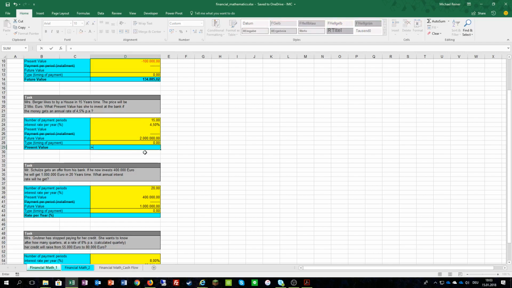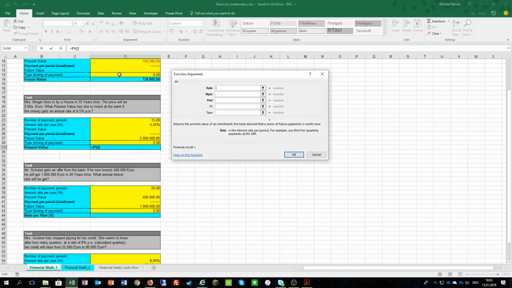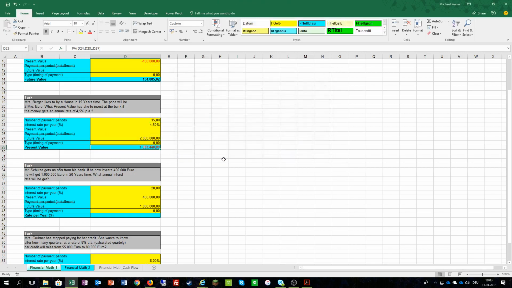So we say the present value at the moment should see the interest rate, the number of payments, and the future value, because again we have no payments. That means if we now pay 1,033,440 euro and 88 cents, we get those 2 million in 15 years.